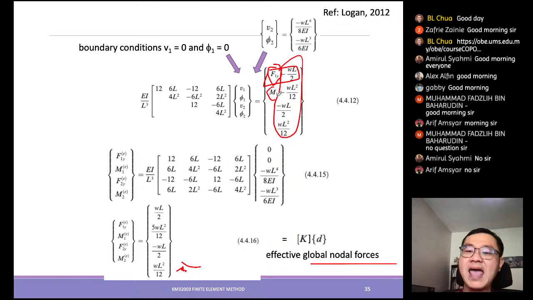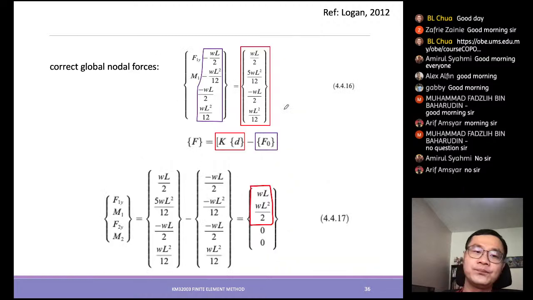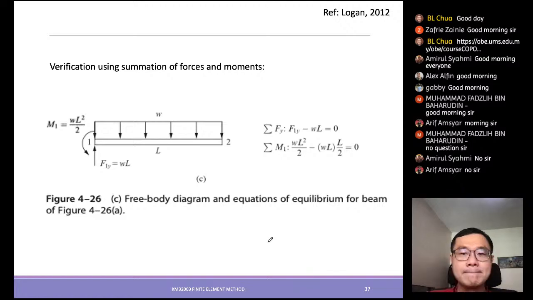Therefore you have to do some mathematical operations, shifting it from one side to the other side, so eventually you get this. For node number 2 you don't expect any force and moment, so you should get 0 there. To verify again, you can use any simple relationship: summations of force and summations of moment should equal 0.